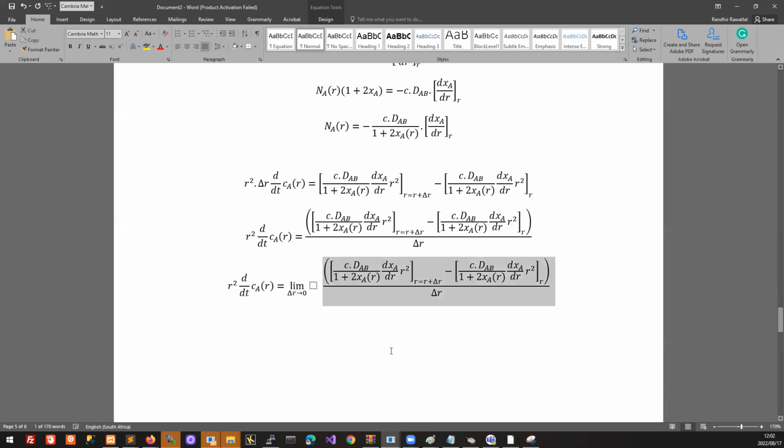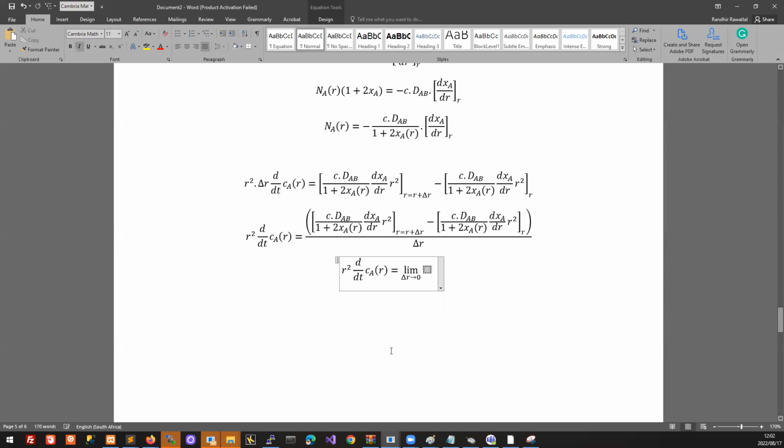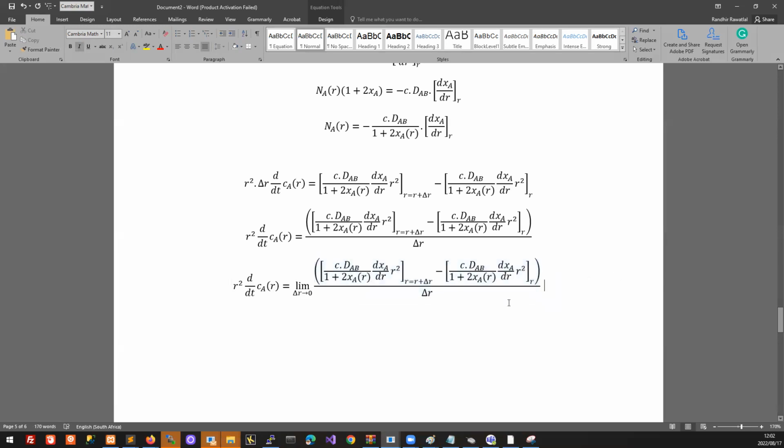Then we shift all this in. And we can see here, we've got the exact same function in both positions: CDAB over 1 plus 2x dx dr, and then r squared as well.